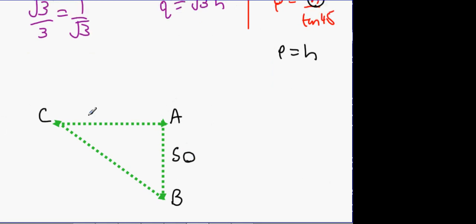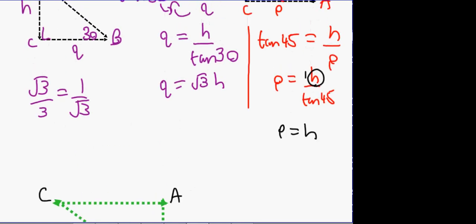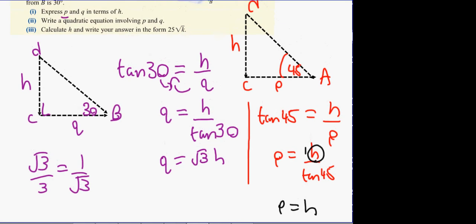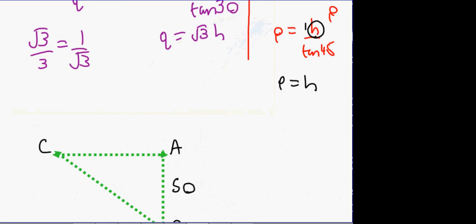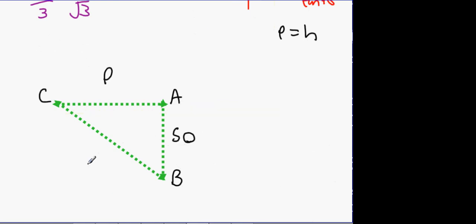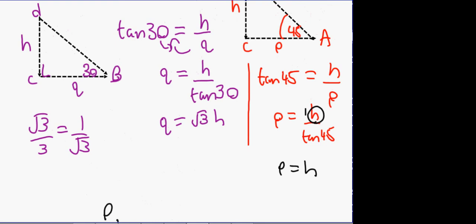We know that AC is, anybody? AC. It's H over P. So A to C is P. And this one here is Q. We know that P is the same thing as H, and Q is the same thing as, what do you say Q is the same thing as?